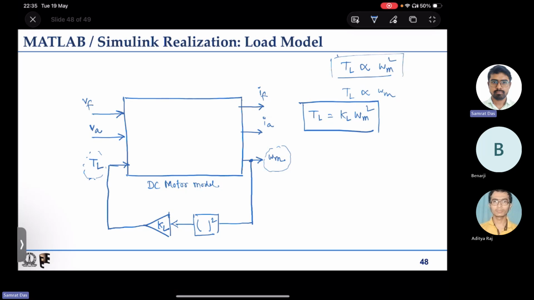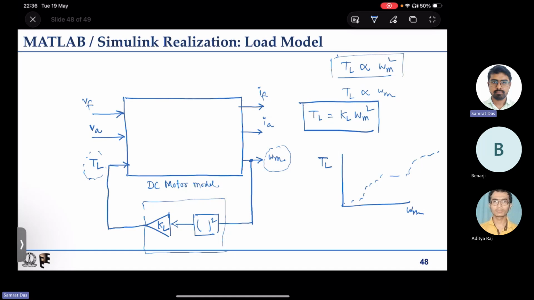Again, instead of a mathematical relationship, it could be some curve, some load torque versus omega m, which could be some points also. So this data could be put here, and a lookup table based system could also be employed to solve a similar system. Okay, so here I conclude this discussion on the dynamic modeling of the DC machine.